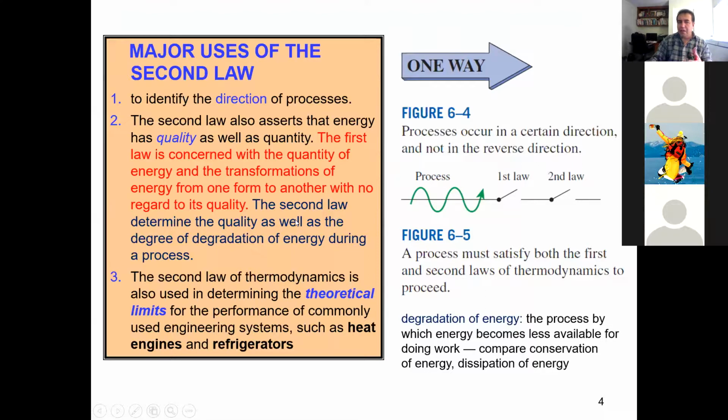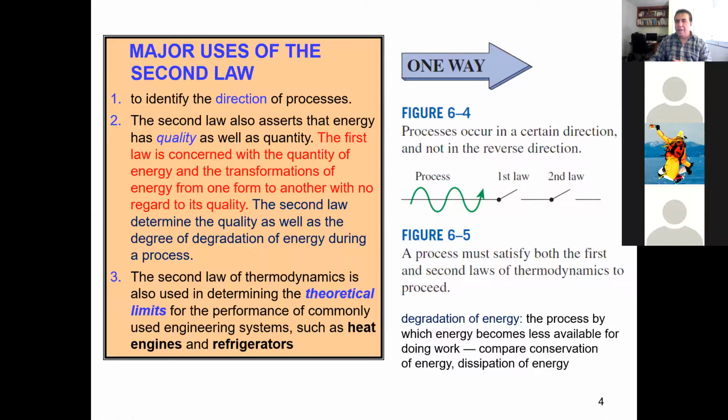The second law determines the quality as well as the degree of degradation of energy during the process. The second law of thermodynamics is also used in determining the theoretical limits for the performance of commonly used engineering systems such as heat engines and refrigerators.